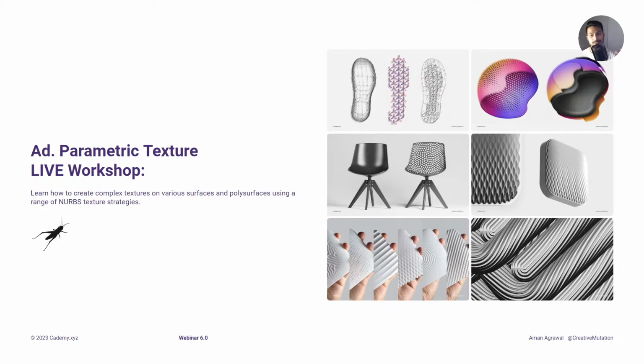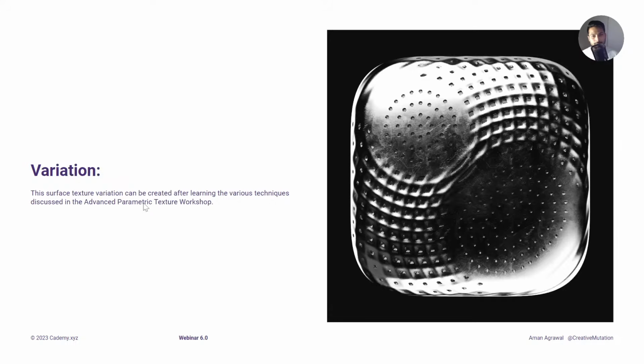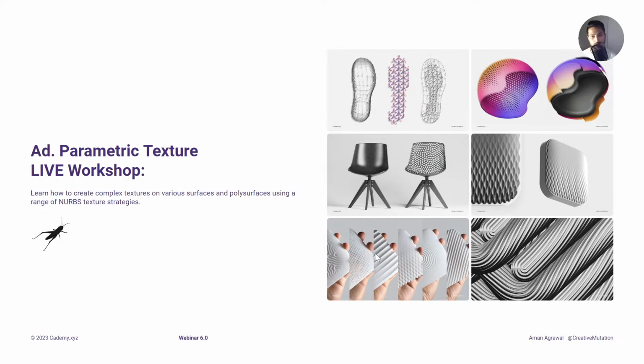So you can always take these files and share it with the engineering team so that they can proceed for the manufacturing phase. This is a variation of the texture that we created, but in this case we have used a lot more advanced techniques that you will be able to do once you learn the advanced texturing workflow.